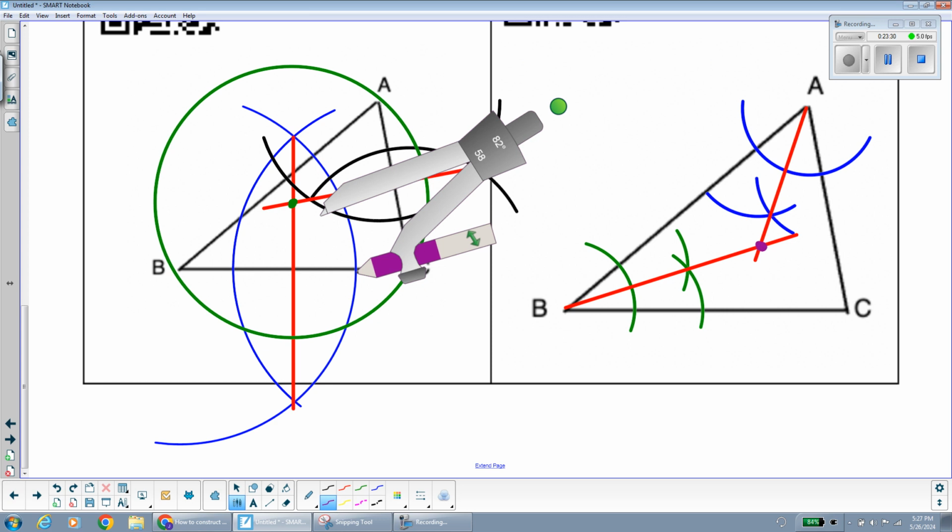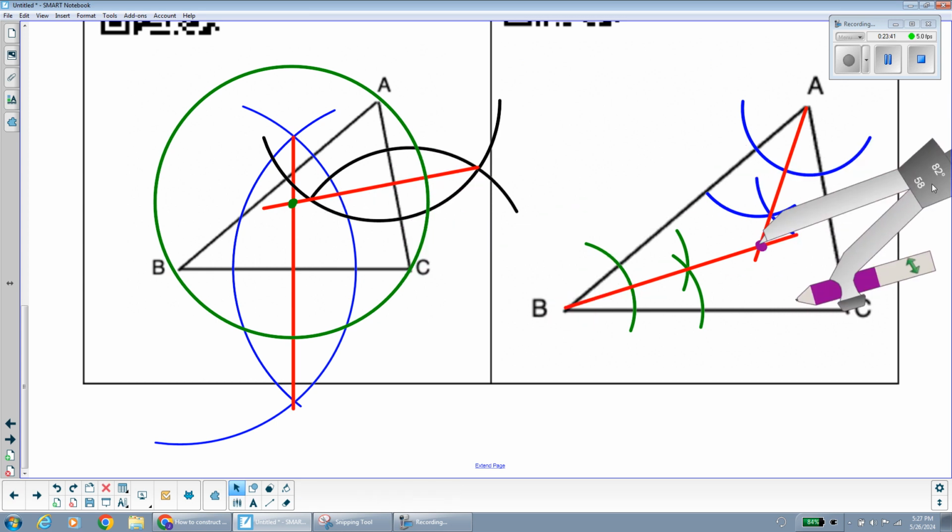But unfortunately, unlike with the circumcenter, we can't just stick our compass on there and inscribe a circle and expect it to work. Let me show you.